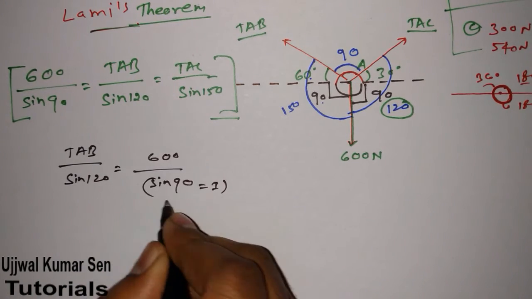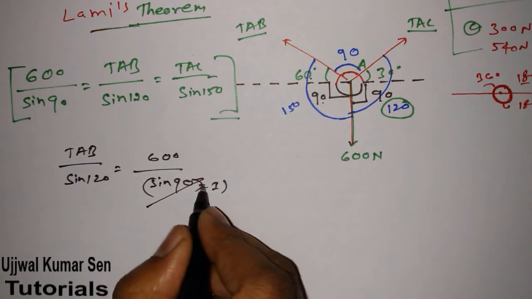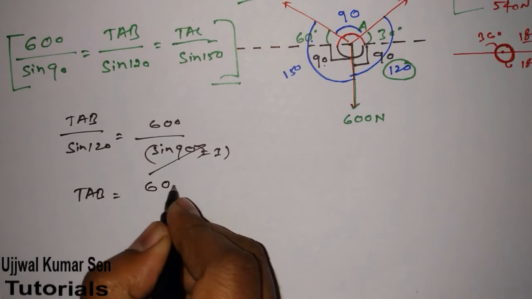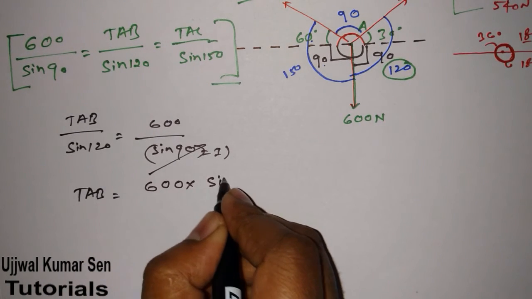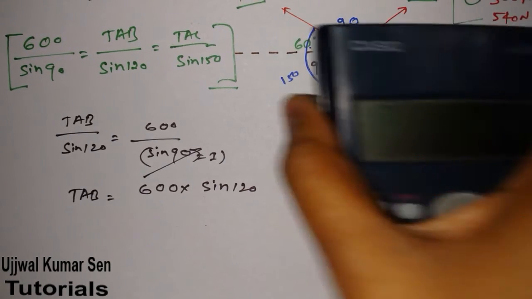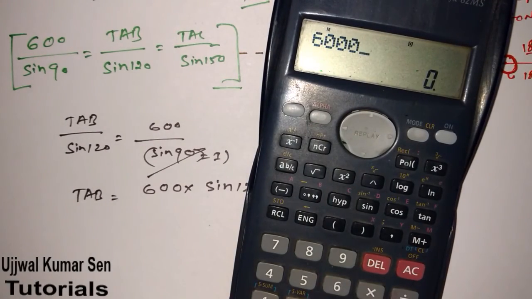Sine 90 is equal to 1, so forget about this denominator. So TAB is equal to 600 multiplied by sine 120.